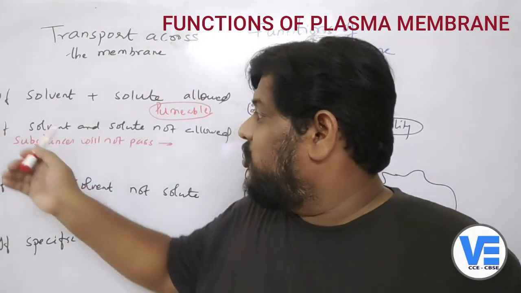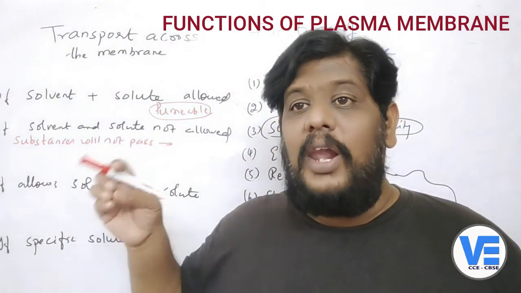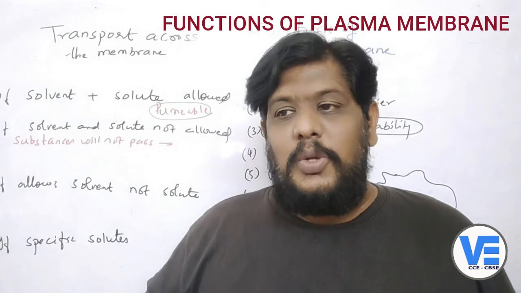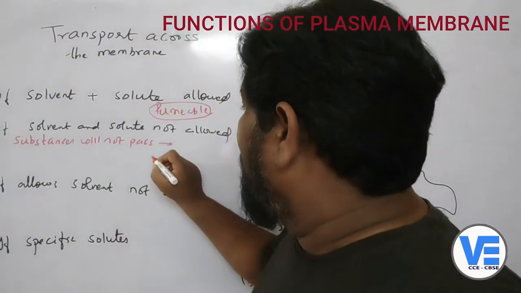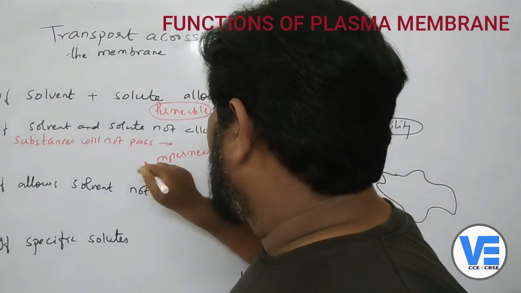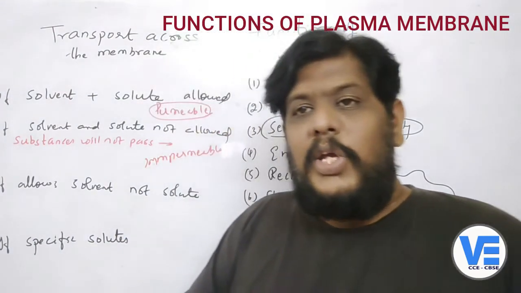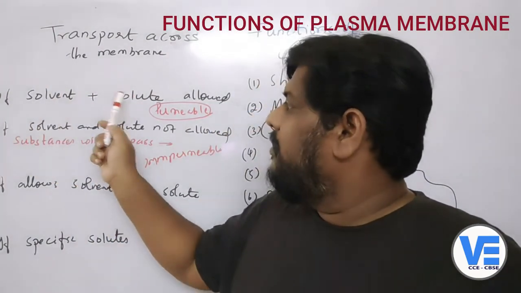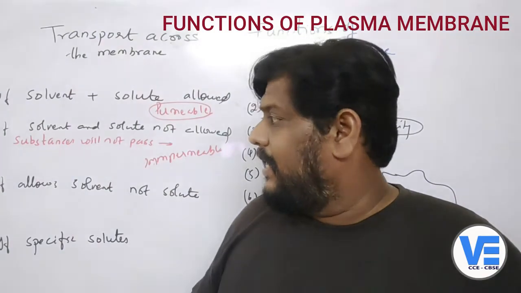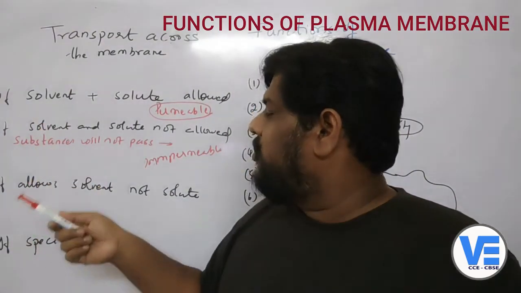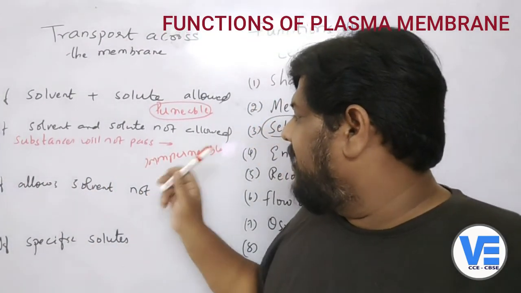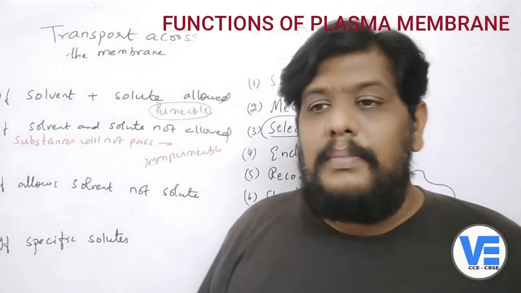So if solvent and solute, or any other substances, are not allowed to pass through the cell membrane, then it is called an impermeable membrane. So in the first condition, it allows the solute and also the solvent to pass through, that's why it is called the permeable membrane. In the second condition, it is not allowing the solvents, solutes or any other substances to pass through, that's why this condition is called impermeable membrane, you can say.